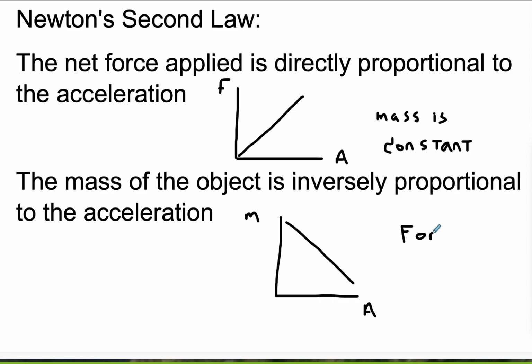So I have the muscles that I have, right? And I have the choice between throwing a shot put and a baseball, and maybe a tennis ball. Now out of those three, the tennis ball, you guys know, is the lightest. Baseball is in the middle. Shot put is the most massive. So if I have my massive shot put and I'm pushing it with my muscles, it'll have a small acceleration.